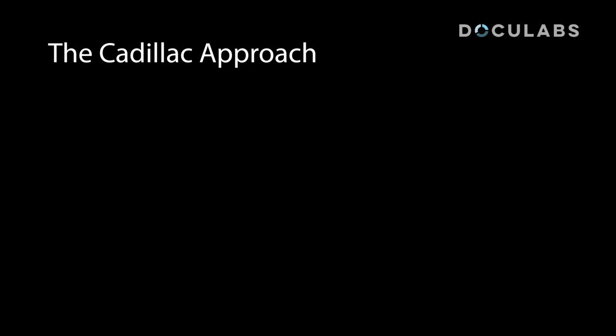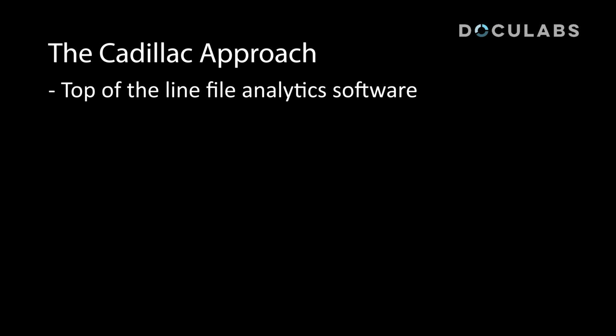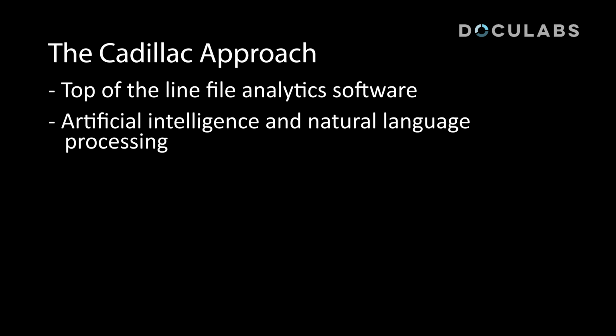So for this, typically, we're going to be getting top-of-the-line file analytics software, which typically will combine not only robust file analytics, meaning regular expressions, wrapper metadata, out of the box rule sets built in for things like social security number, credit cards, financial statements, so I don't have to write those myself, but also maybe a little bit of artificial intelligence and natural language processing.